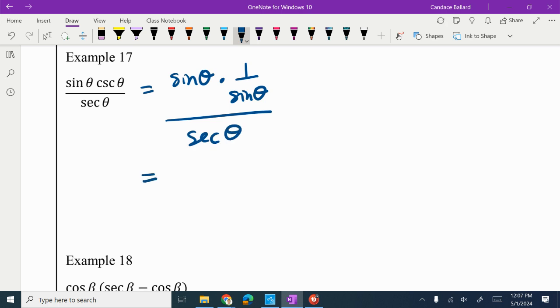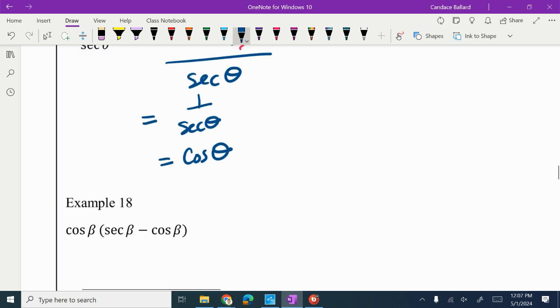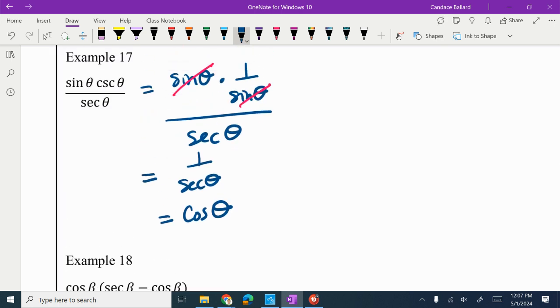What happens with these sines? They cancel. So I get 1 over secant theta. What's 1 over secant theta equal to? Cosine theta. Perfect. Any questions on 17?